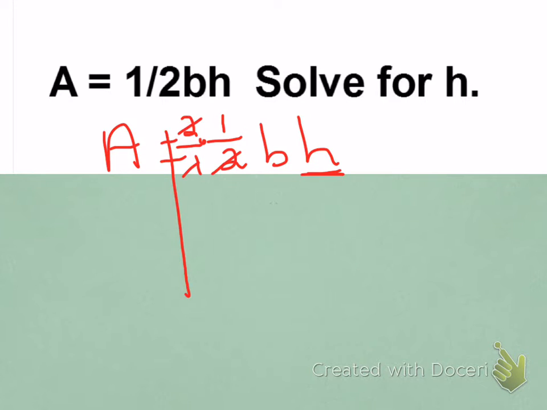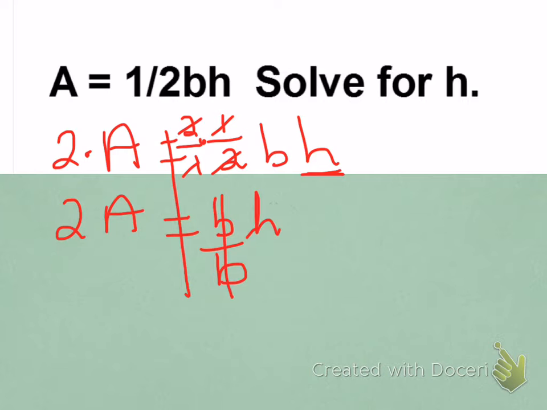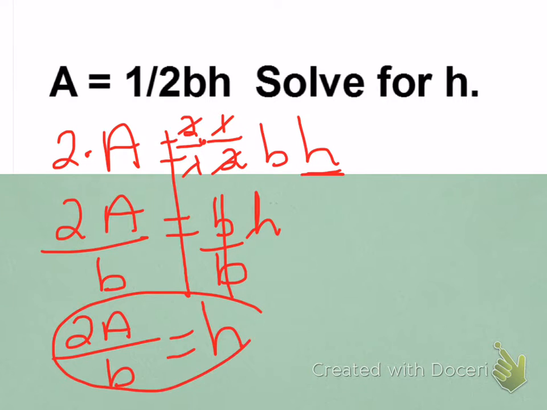So on my left side, I have 2a equals b times h. I want to save h for last. So how am I going to get h by itself? The opposite of multiplying b times h is dividing by b. So now I have h by itself. So my answer is 2a over b equals h. That's your answer.